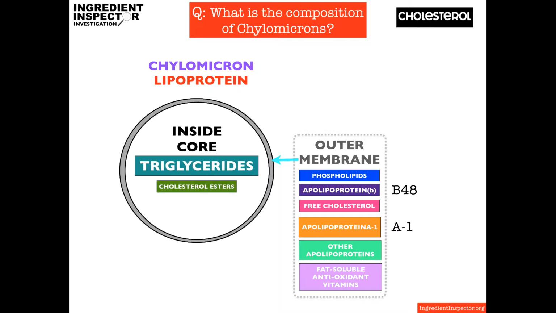It also contains fat-soluble antioxidant vitamins. And we'll take a look at antioxidant because that comes up a lot just in our world, but also here specifically, it plays a very important role. So the triglycerides and the cholesterol esters.